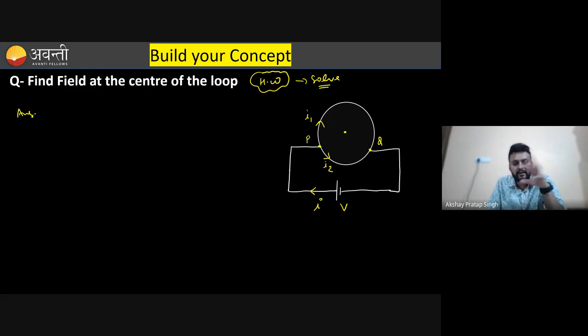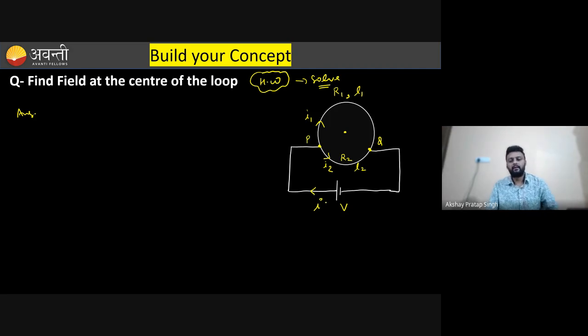These are the 2 parts of the wire, part 1 and part 2. Let's suppose the resistance of part 1 is R1 and of part 2 is R2. The length of part 1 is L1 and of part 2 is L2.